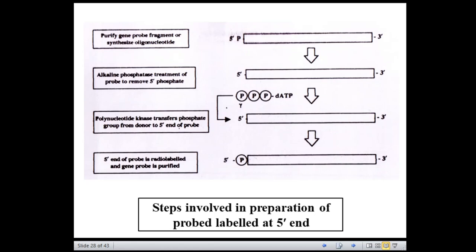Then following the removal of the phosphate group from the DNA, a second enzyme, the polynucleotide kinase, is added. Now this enzyme catalyzes the transfer of the P32 labeled phosphate group to the 5' end of the DNA.